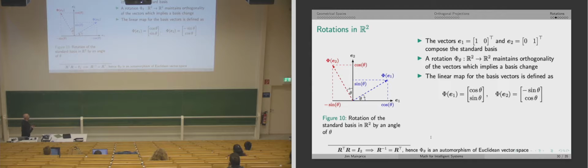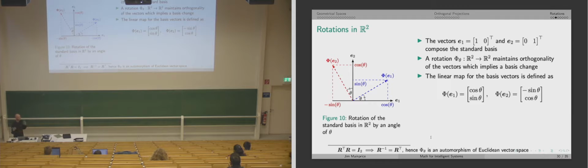The key thing that's happening here is that we have an automorphism of Euclidean space. Remember what automorphism means? It means that we are mapping vectors from the vector space, R2 in this case, to the same vector space.